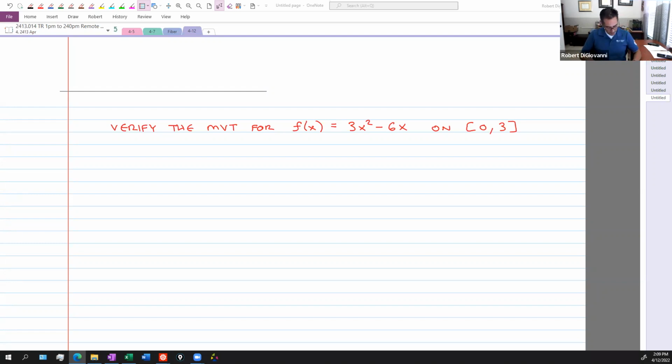So let me graph this. 3x squared minus 6x, and we're only looking between 0 and 3.